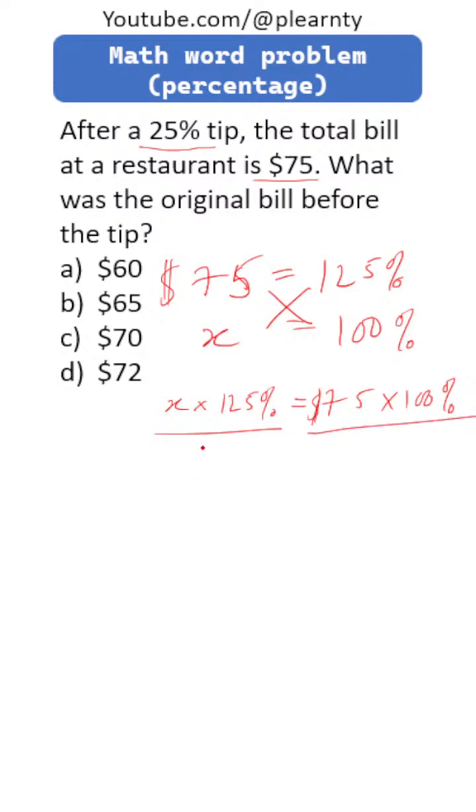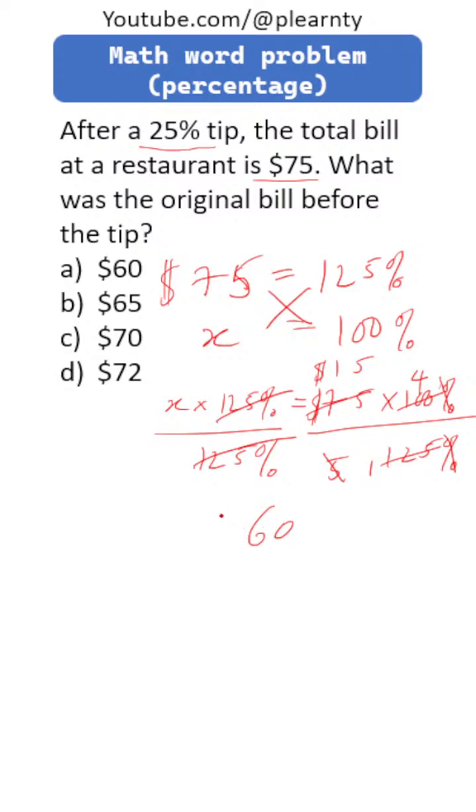So when you have something like this, you can divide both sides by 125%. 125% can cancel out 125%, and here percentage can cancel out percentage. 25 here will give you 5, 25 here will give you 4, 5 here will give you 1, 5 here will give you $15. 15 times 4, that is 60.